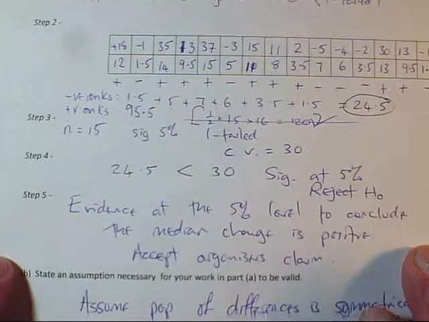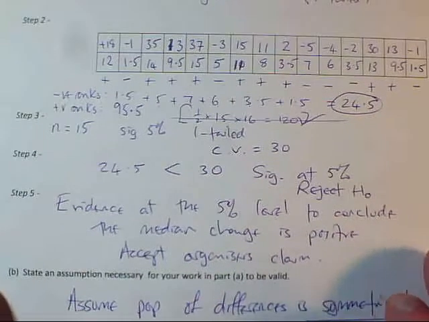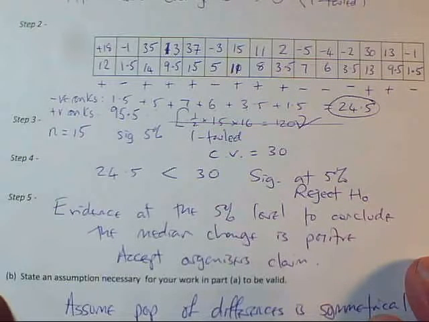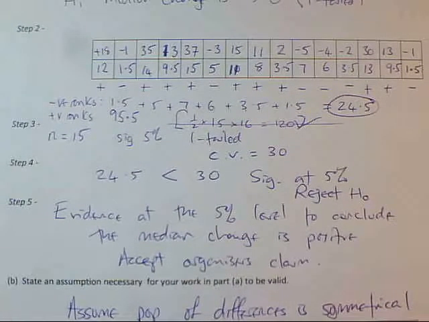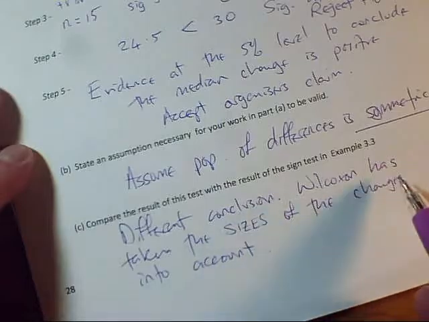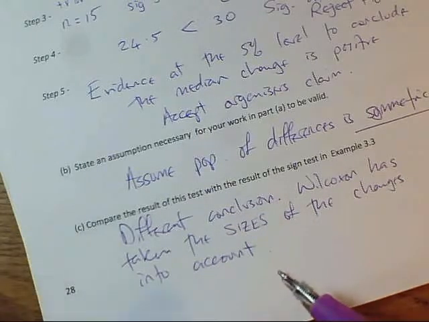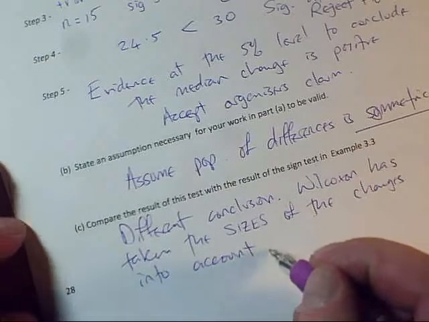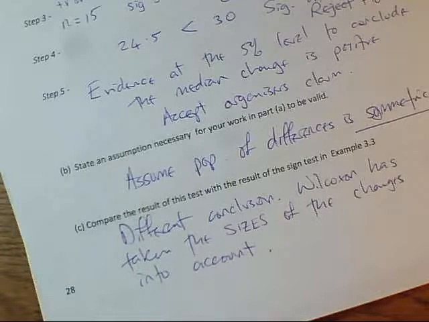So as long as the assumption is valid about the symmetry, the Wilcoxon signed rank test does tend to give you more chance of detecting an effect if there is a real effect. So we can write, we have a different conclusion. The Wilcoxon test has taken the sizes of the changes into account, and its ability to do that means that we say it is a more powerful test when it can be used than the sign test.